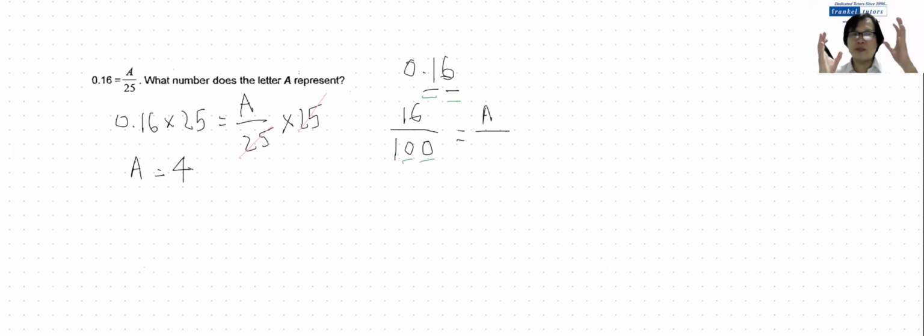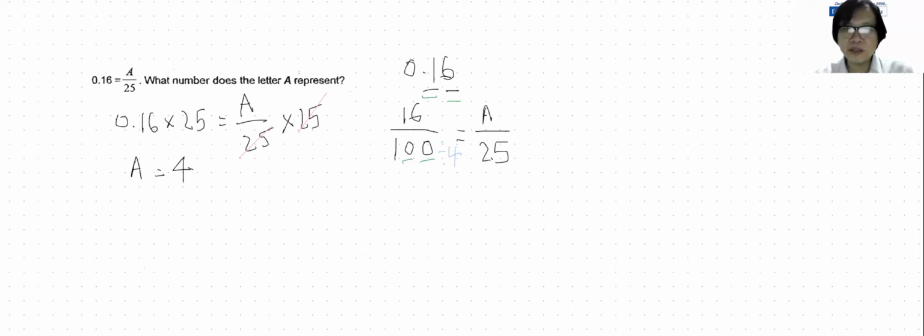Now remember I spoke about equivalence. So a student is expected to understand that this 100, if I divide by 4, I will get my 25. So if I divide the bottom by 4, I will get 25.